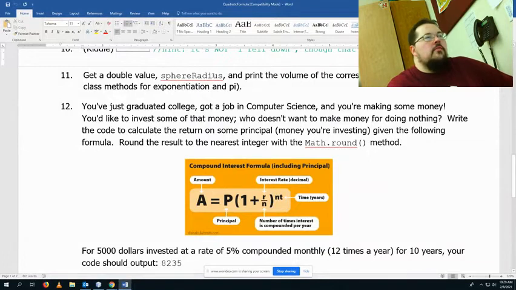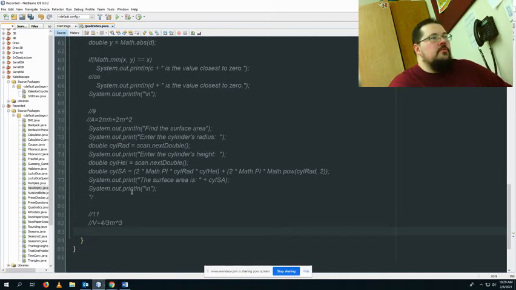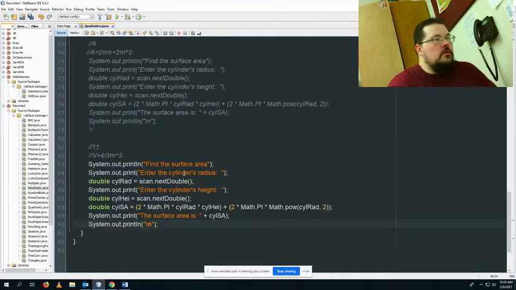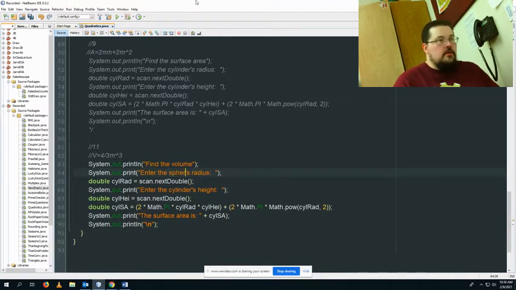Grab the sphere radius and calculate volume. Okay, so it's going to be very similar to what we just did with less work. The volume this time, and this time we want the sphere's radius, and we only need the 1.